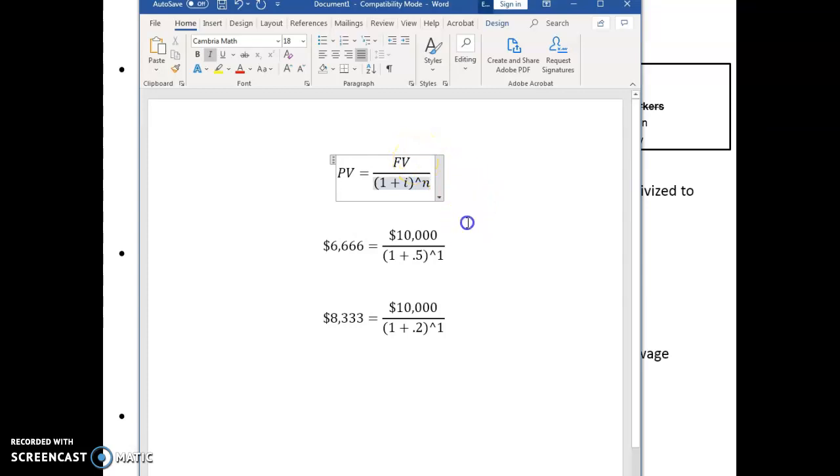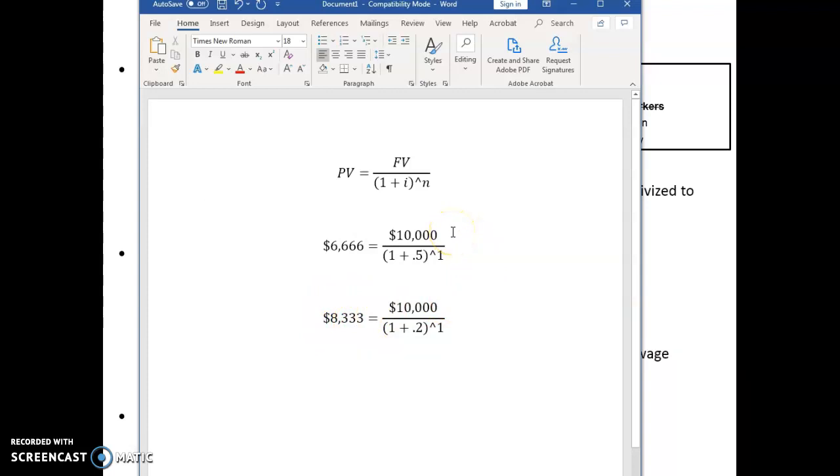For example, if I were to offer you $10,000 1 year from now, and let's say you have a discount rate of 0.5, then you would value that $10,000 a year from now at $6,666. But if I offer you $10,000 a year from now, and your discount rate is 0.2, then you would value that $10,000 a year from now at $8,333.